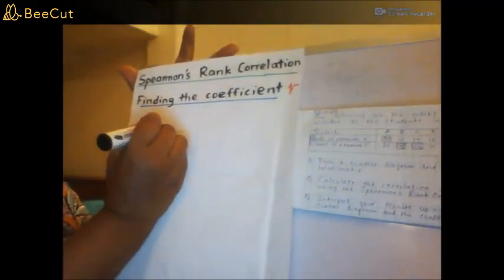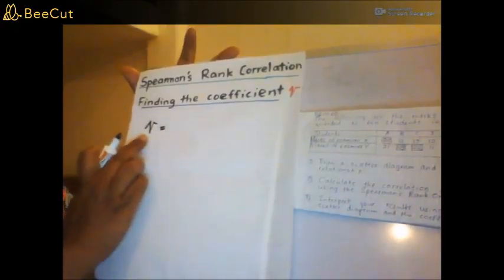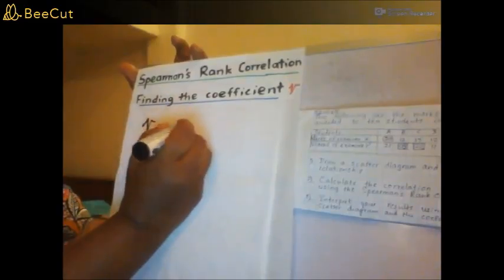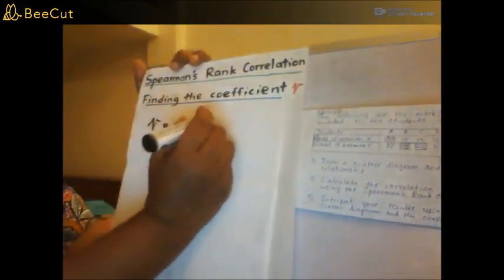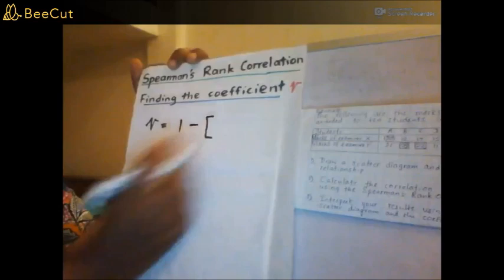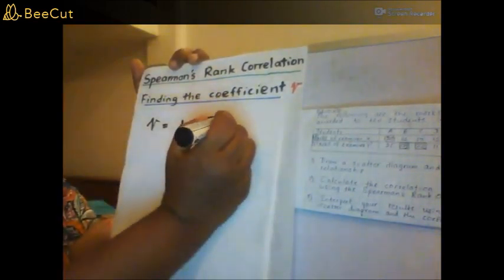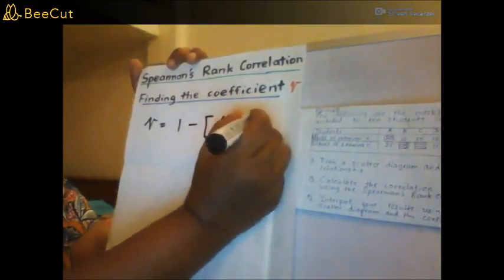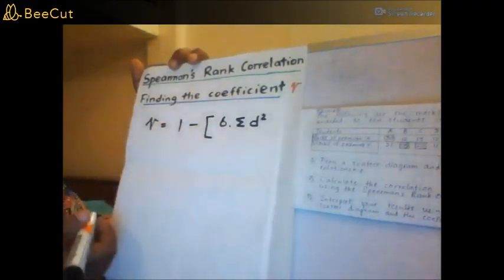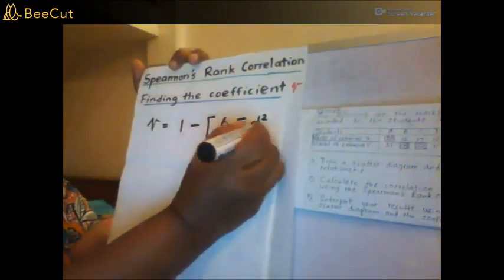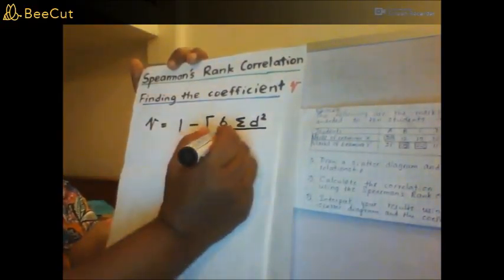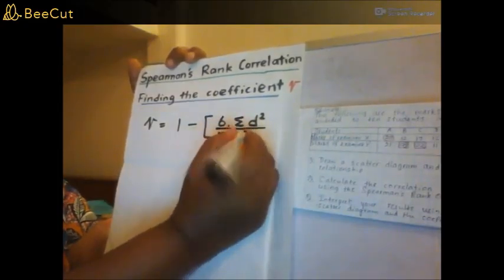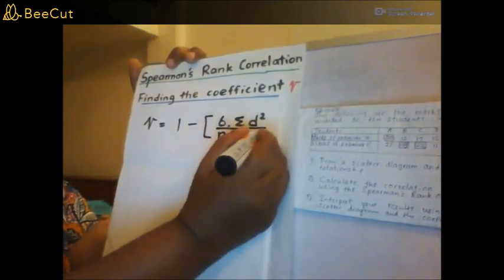Rho equals, this is what we have to find, the coefficient. Rho equals 1 minus, open square brackets, 6 into summation d squared, divided by n into n squared minus 1.